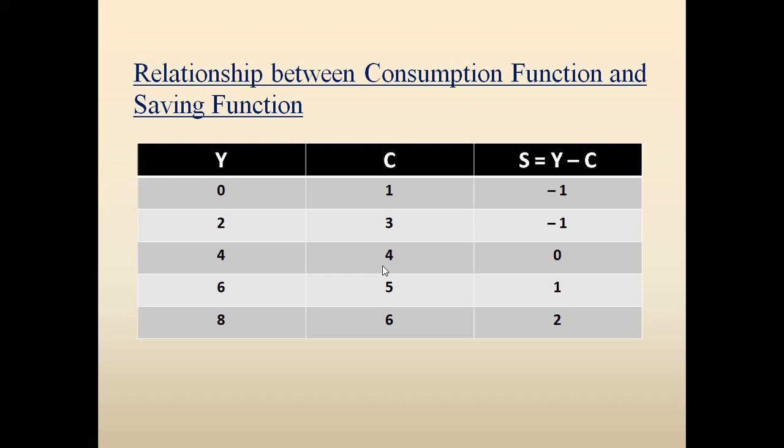But it should be remembered that your consumption expenditure increases, but not as much as the increase in income, because the entire portion of income is not used for consumption purposes. Some portion of income must be saved by the household.